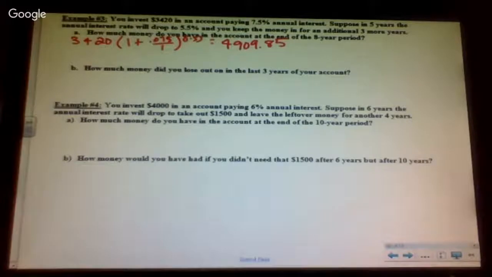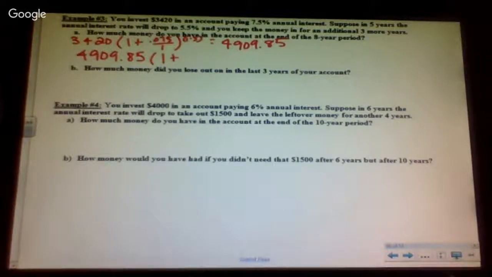What's my initial value? Remember, 5 years have gone by. This is now in my account, so this becomes my initial amount, $4,909.85, because we haven't removed anything from the account. That is now my base amount.